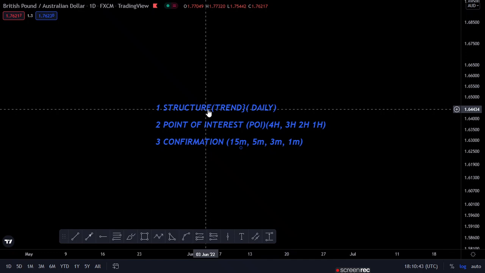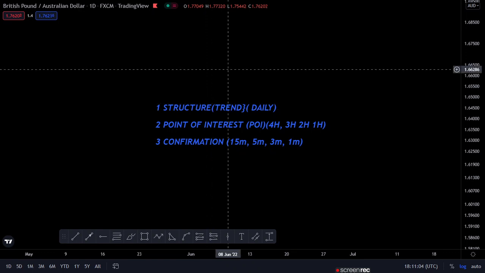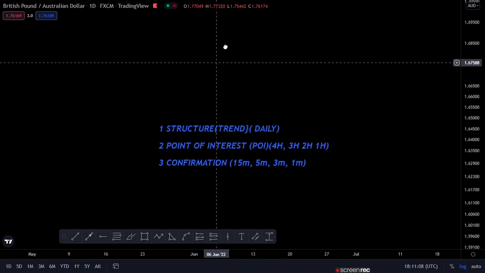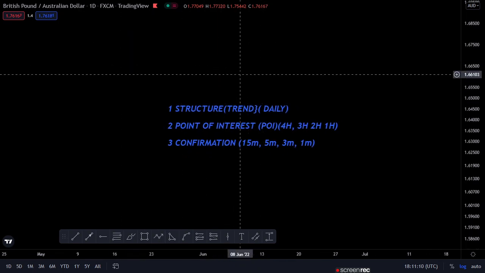After getting my point of interest, I move on to 15 minutes, 5 minutes, 3 minutes, or 1 minute, where I can see a clear structure. So after taking my structure, I go to the point of interest and then my confirmation. You need these three things in order to get a signal or a setup. So I suggest you write these three things down.